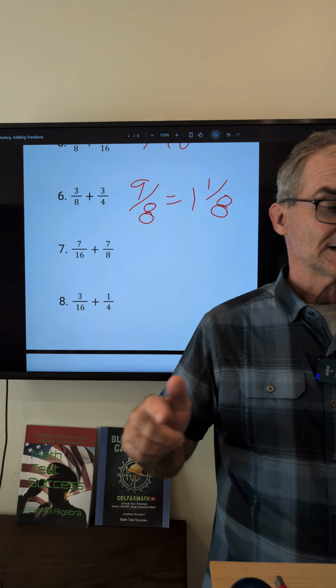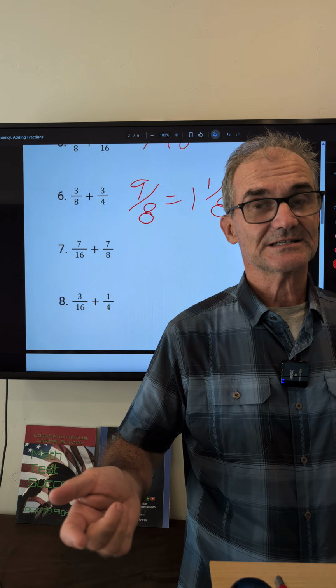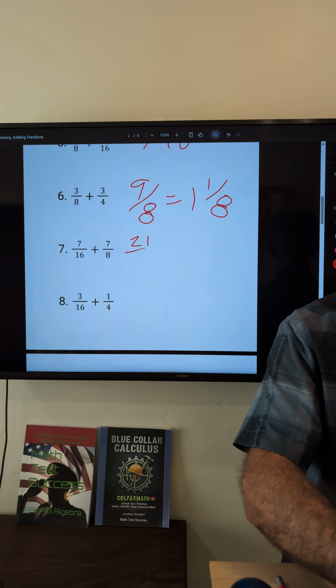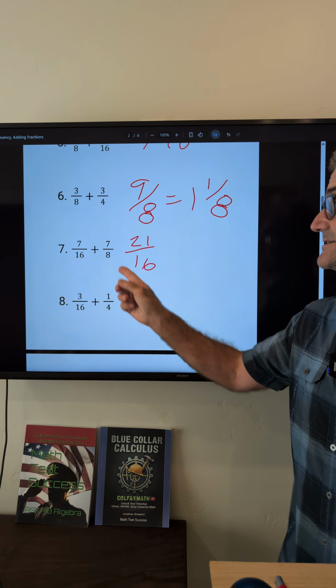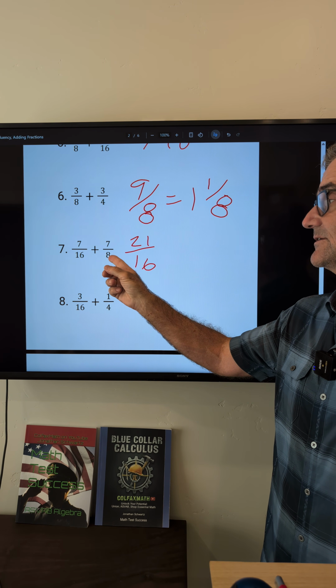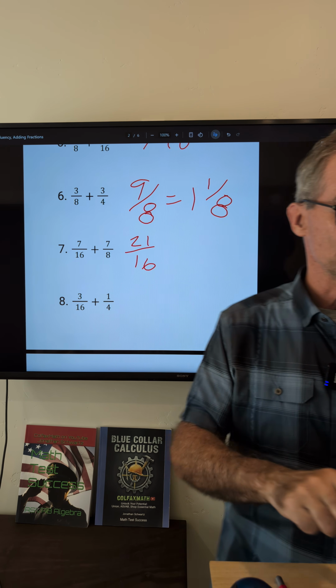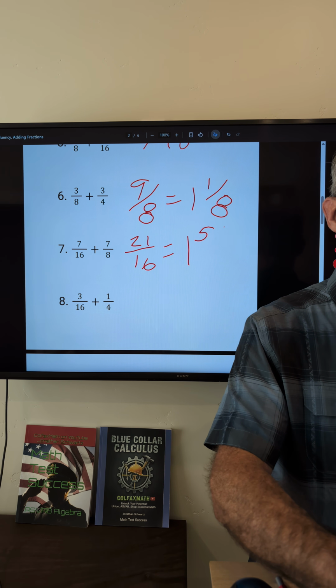Number 7, 7/16 plus 14/16 is 21/16. Again, common denominator, second fraction here, 7/8 is 14. 14 and 7 is 21 over that common denominator. As a mixed number, that is going to be 1 and 5/16.